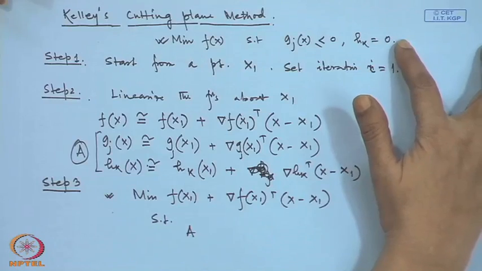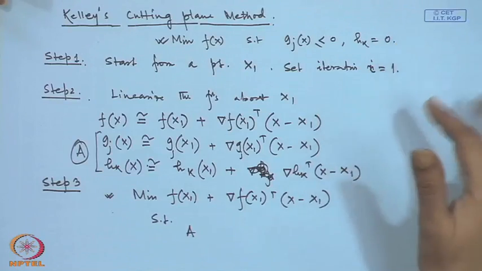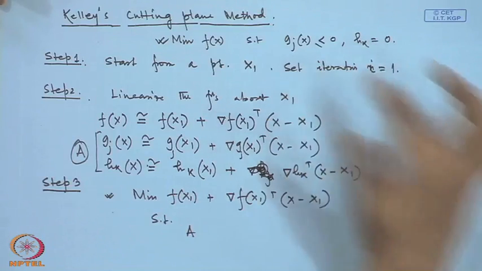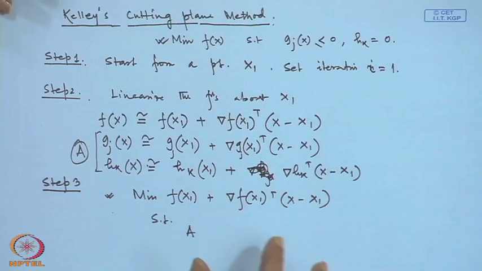Now, whatever optimal solution we get for this problem would be outside of the feasible space of the original problem. Once again I am just repeating: the original feasible space is bounded by nonlinear functions, and we have approximated each function with linear functions.